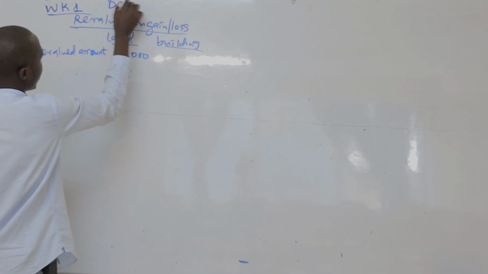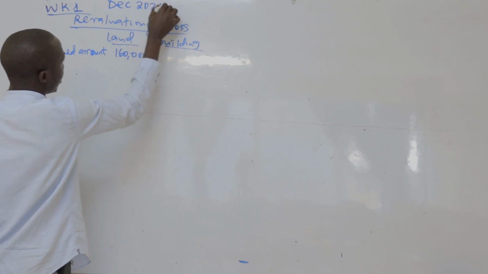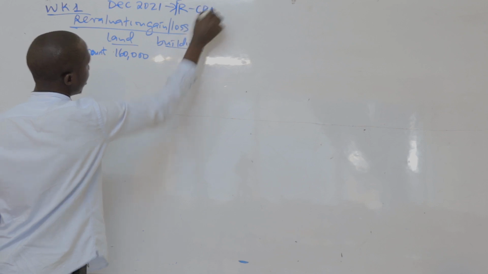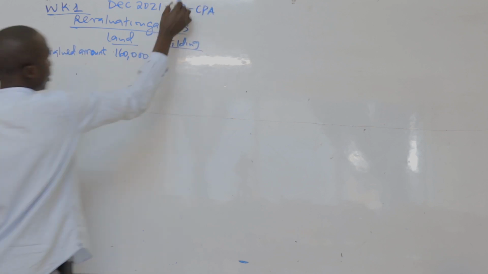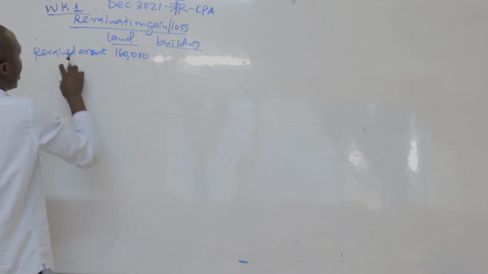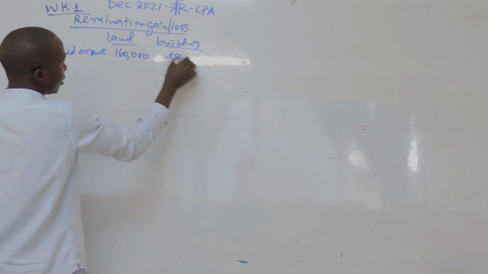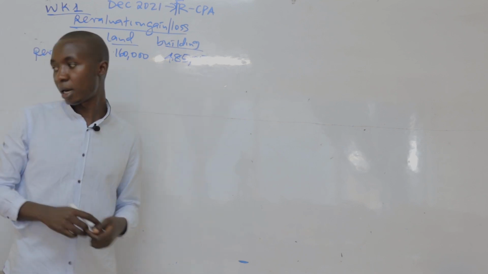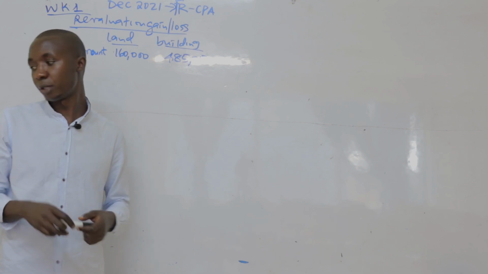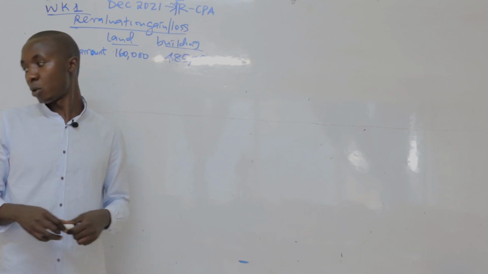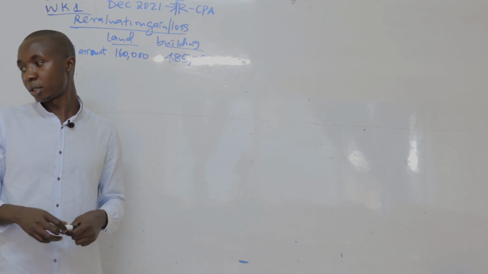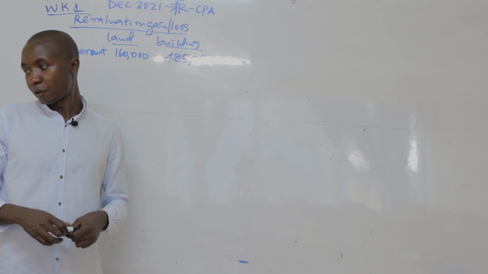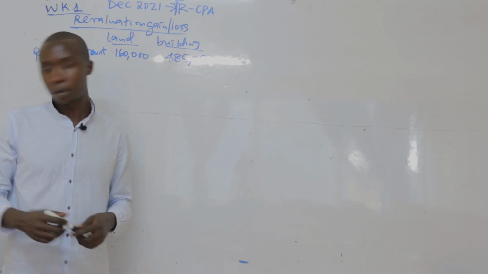And remember that this is a question of December 2021, FR, CPA, that is financial reporting, CPA. So we have 160 and this is 485, from the additional information number 1. You have been told that at that date, 1st April 2020, an independent valuer valued the land at shillings 160 million and the building at 485 million. So that is the revalued amount.